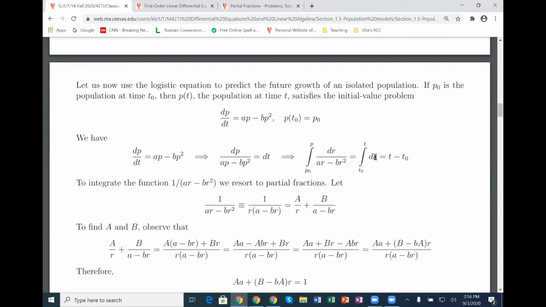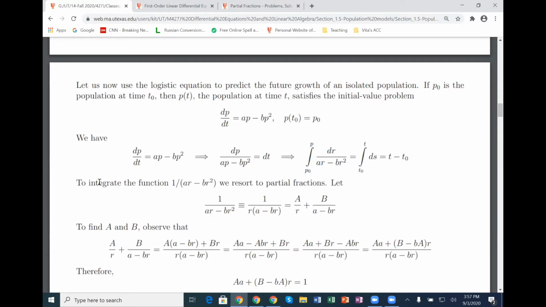Antiderivative of 1 by s is s. And then plug in t instead of s, plug in t0 instead of s, and find the difference. So this is equal to t minus t0. Big question is, how do we find this integral? We are about to discuss it.